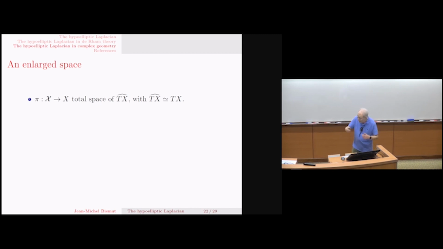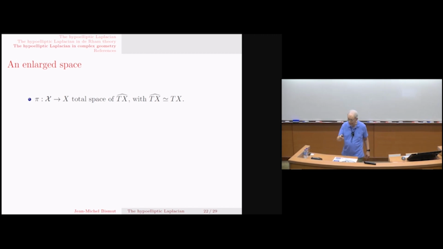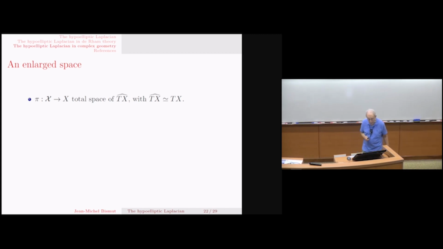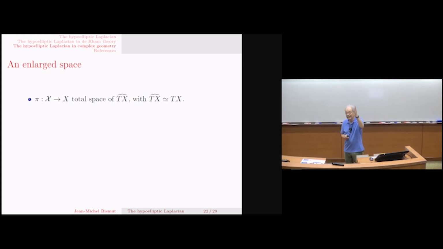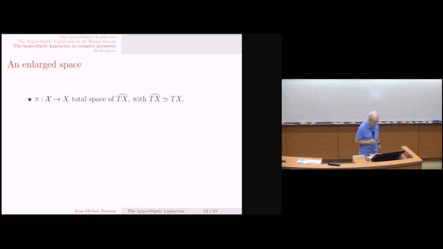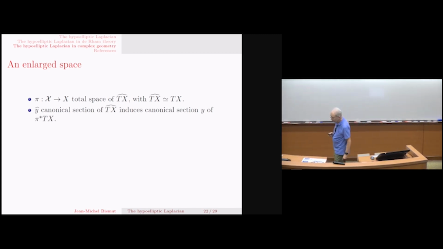So exactly like in the real context, I now introduce the total space of the holomorphic tangent bundle. To distinguish the fiber from the base, I call the vertical fiber Tx hat. Tx hat is just a copy of Tx. So let me call y hat.